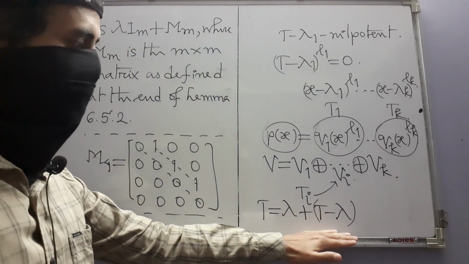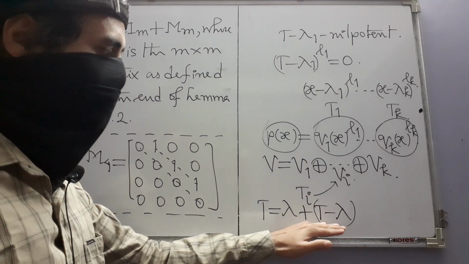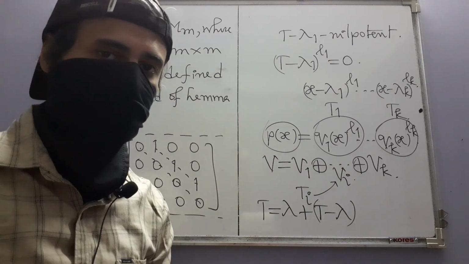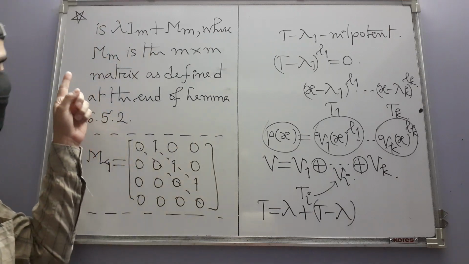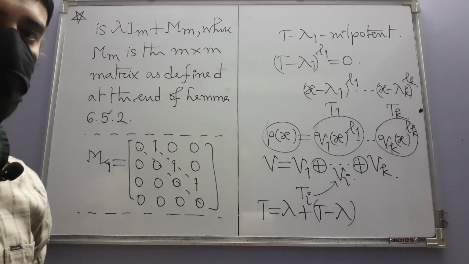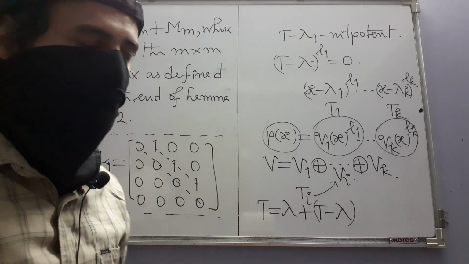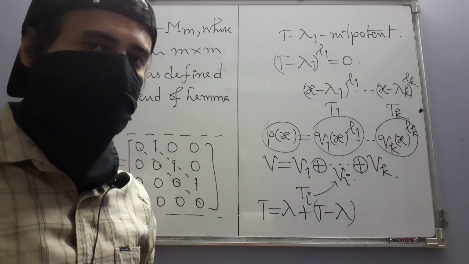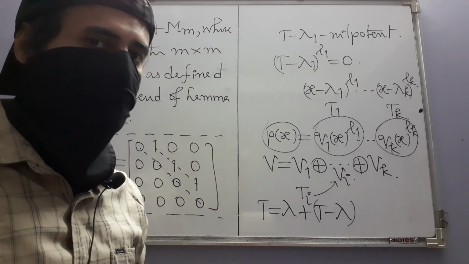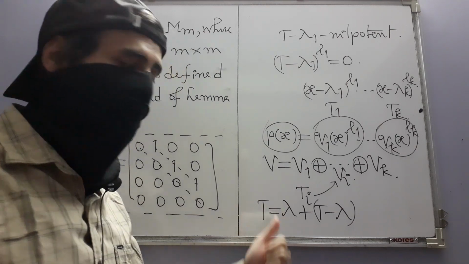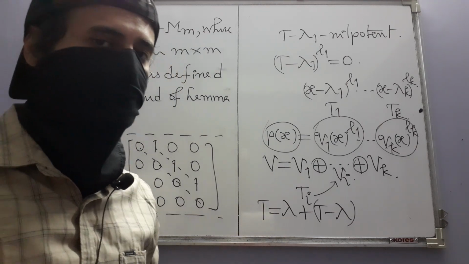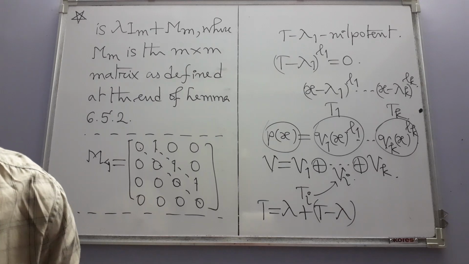Now, from the previous section, you know how the matrices of nilpotent operators look, and in those matrices these mi's appear as diagonal blocks. So, there we have the connection, and we are now going to use that connection to find the type of matrix that T will have in some basis. Okay, so that's the plan.